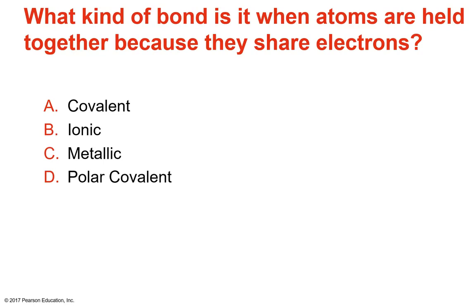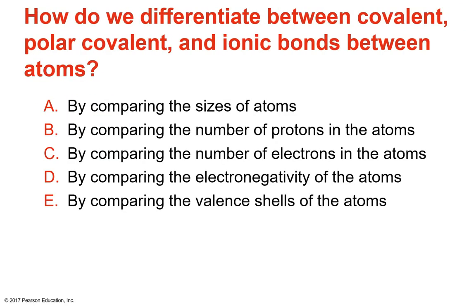All 4 of you correctly said covalent. Co means sharing. Valent is those outer electrons. They're sharing outer electrons. Now our third question, how do we differentiate between covalent, polar covalent, and ionic bonds between molecules or between atoms?